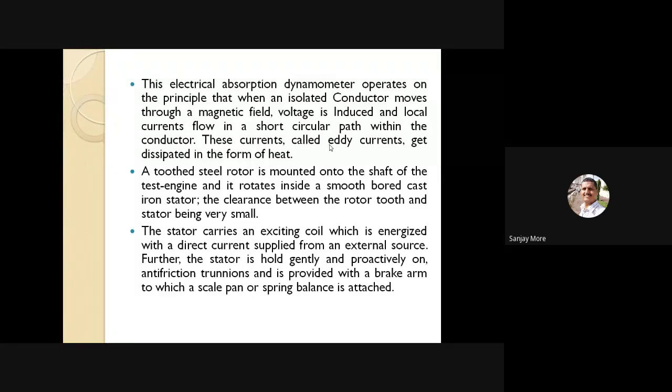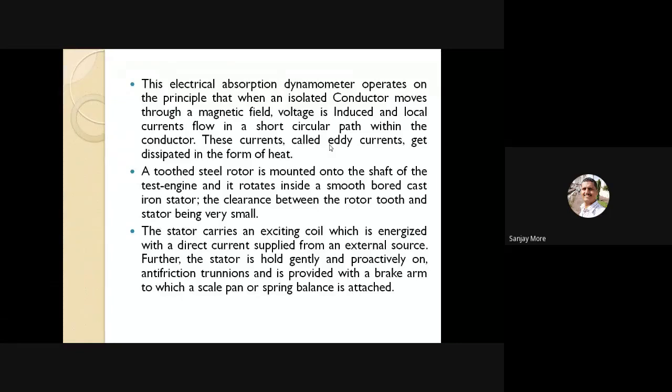Full stop. These currents, called eddy currents, get dissipated in the form of heat.